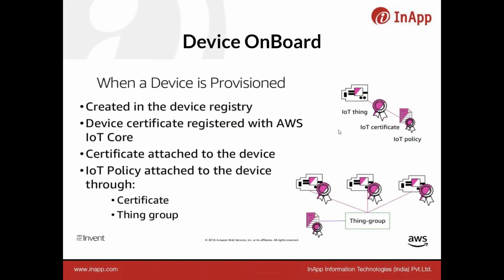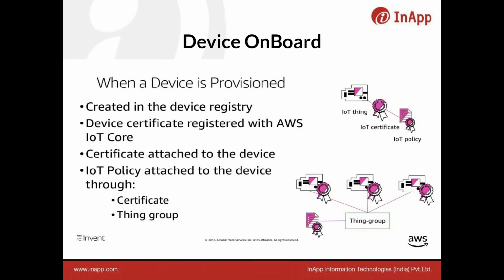I'll just talk about device onboarding. So an IoT thing is associated with a certificate. A certificate identifies the device in IoT, and a set of policies are associated with that certificate. So that policy decides what action that device can do. Now, whether it can send a message, or whether it can receive a message, or whether it can connect to S3 and read a file.